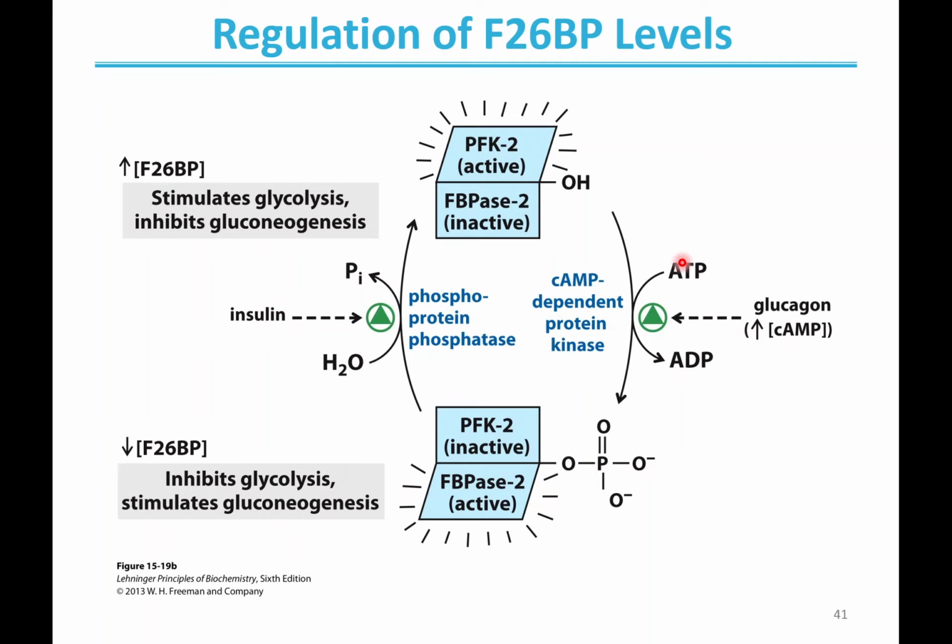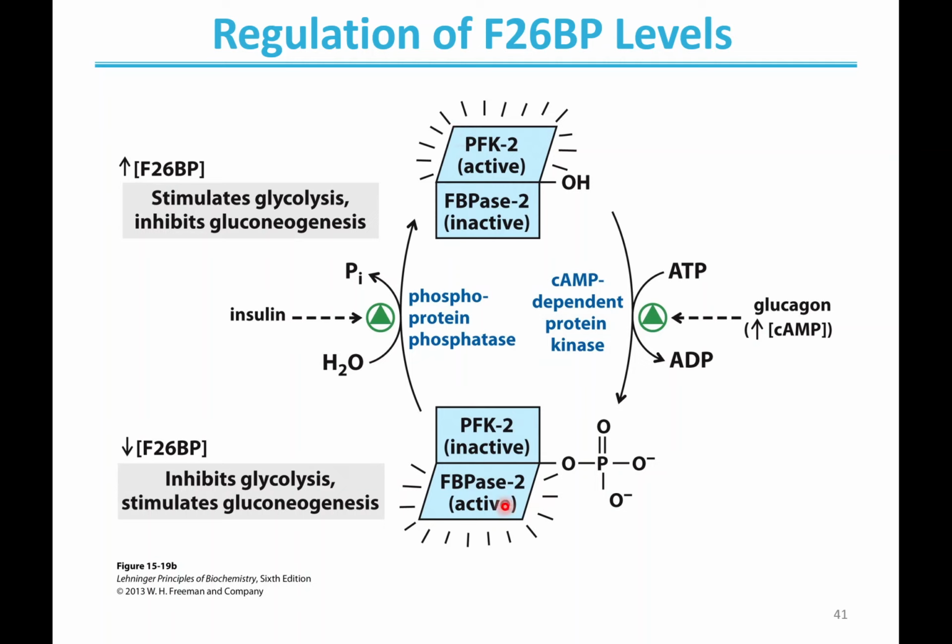That creates a cascade that uses ATP to phosphorylate this. The enzymes that do that are shown here. It's probably not too important that you remember those enzyme names, honestly. But just understand that when it's phosphorylated, the phosphatase is active. When it's not, the kinase is active.